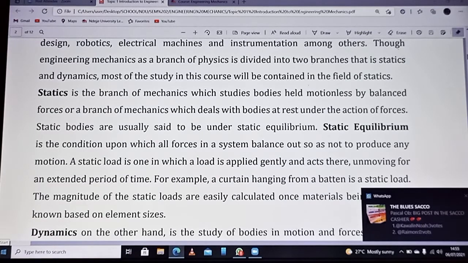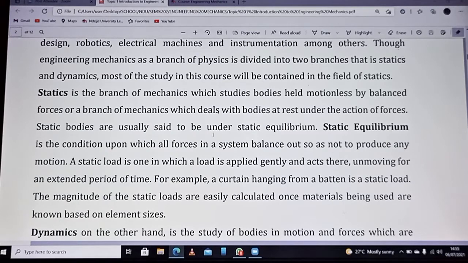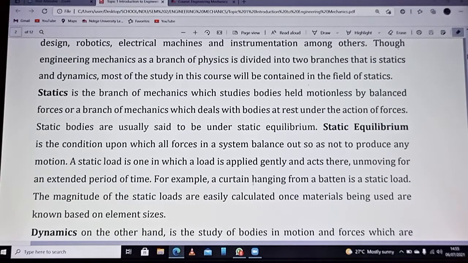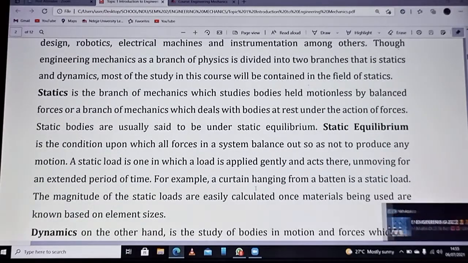It is not the same as, let's say, a force being subjected by a moving vehicle on a bridge. Why? Because the force being subjected by the moving vehicle is not static. It is actually dynamic.